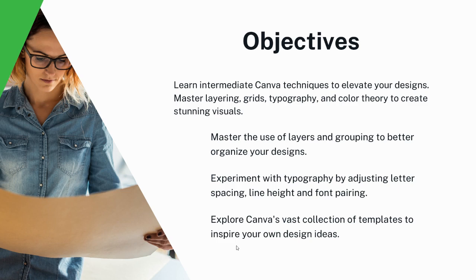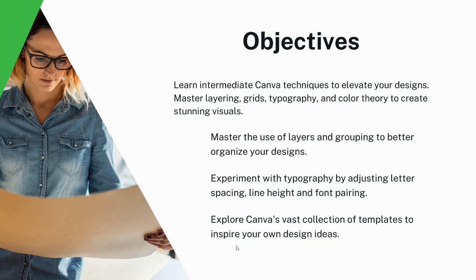So today's objectives are for you to be able to learn how to layer different elements in your Canva templates, as well as utilizing a grid to maximize that polished professional look. Choosing the typography, and I'm going to say that typography is a big word, but all it is is a font.